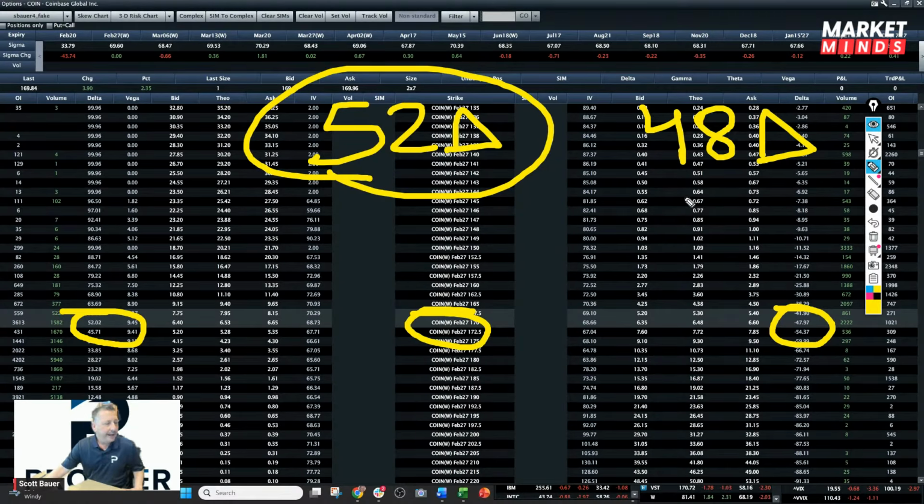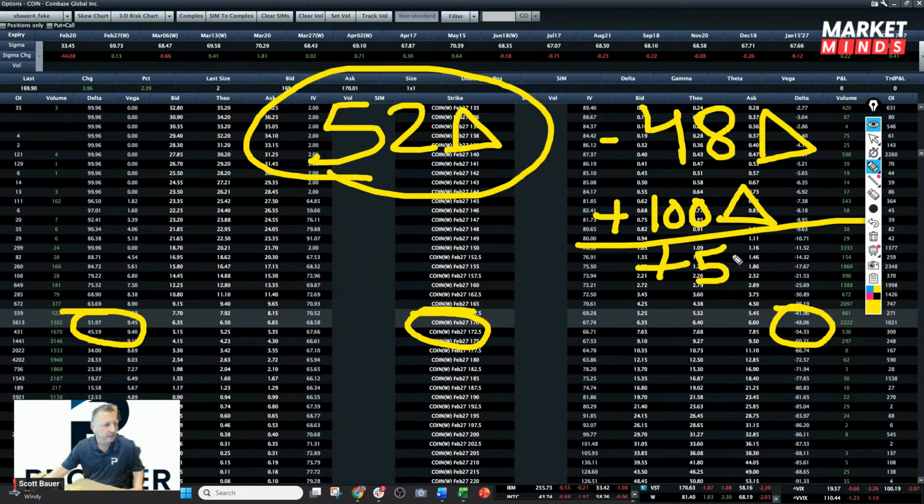If we buy the put and we buy 100 shares of stock, we have the same 52 delta. Does everybody see that? From the delta standpoint, the position standpoint, exactly the same.